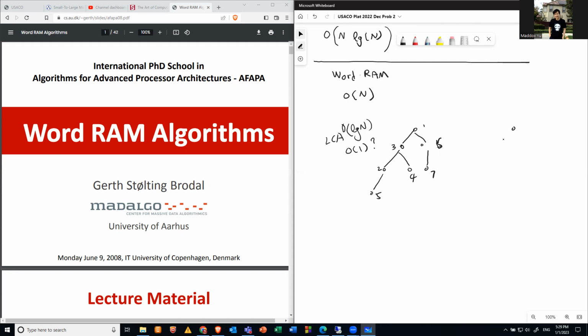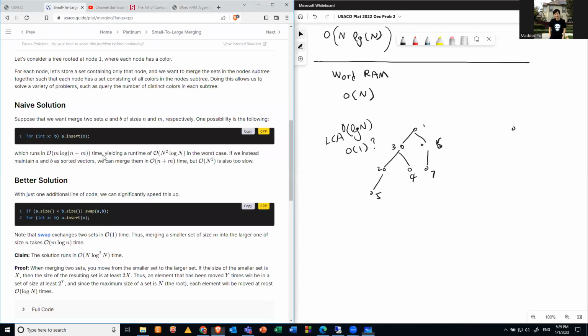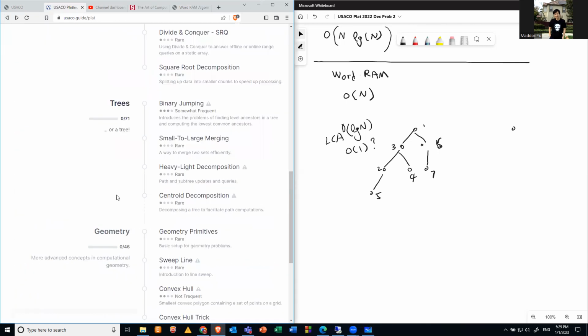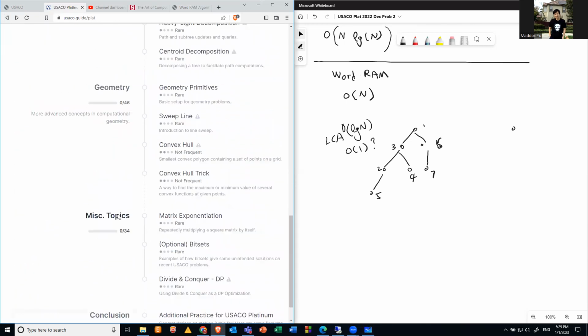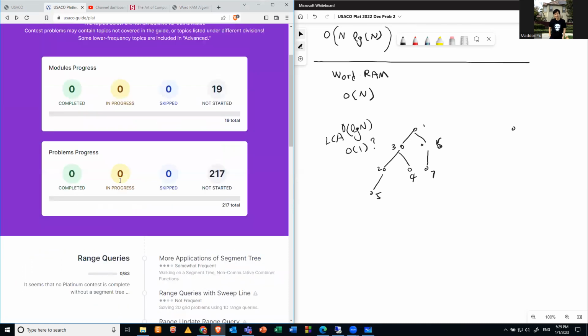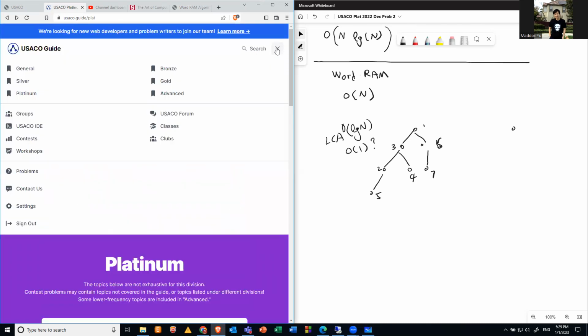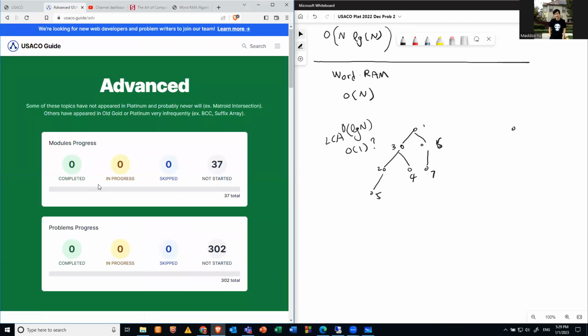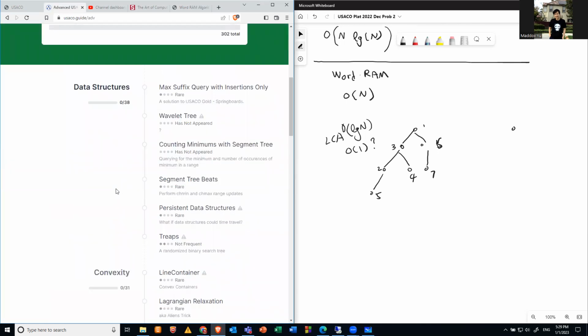Going back, remember the Euler tour, which is in the advanced section, I believe.